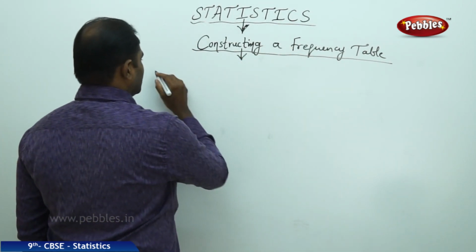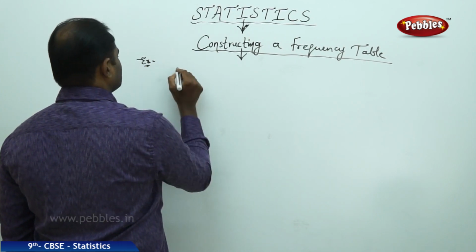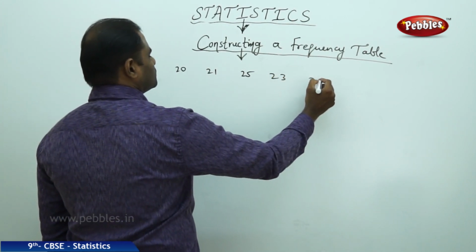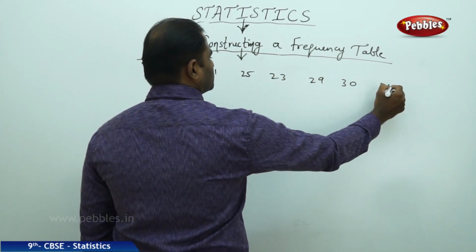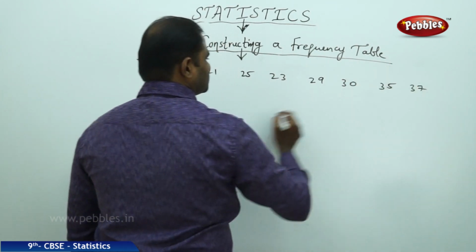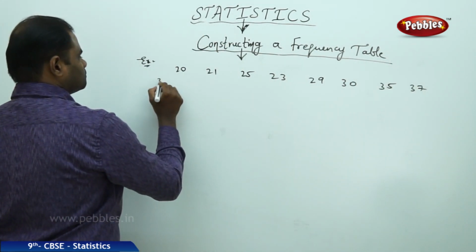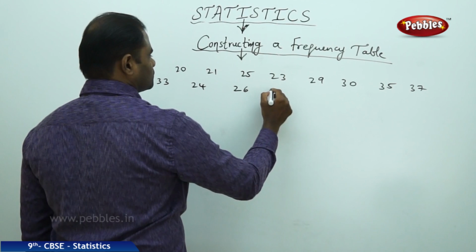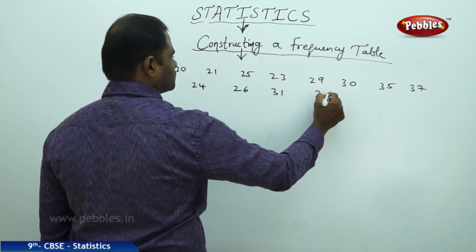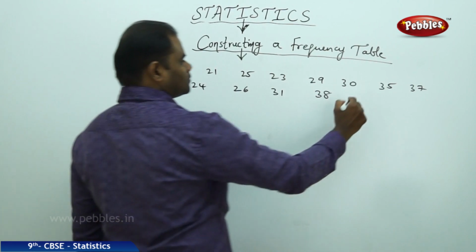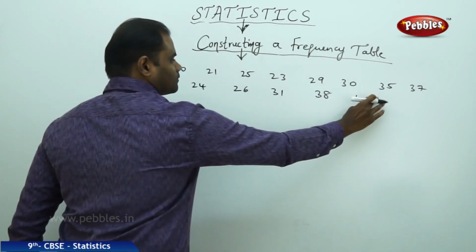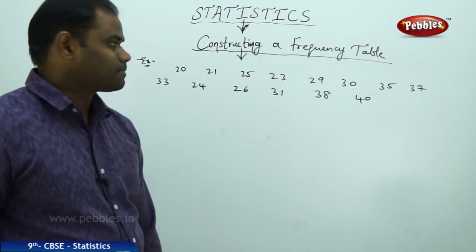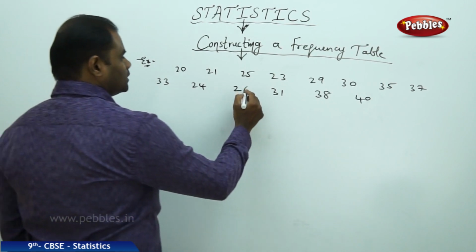For example, I have the data 20, 21, 25, 23, 29, 30, 35, 37, 33, 24, then 40.